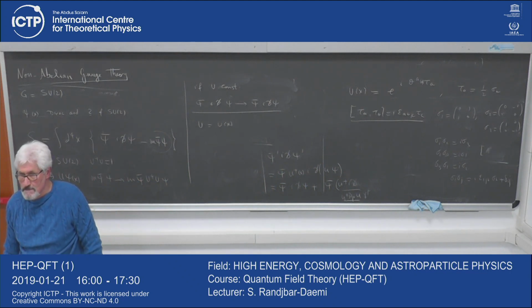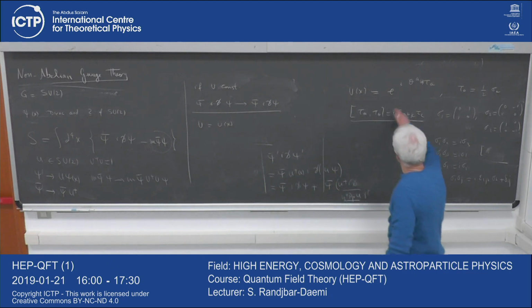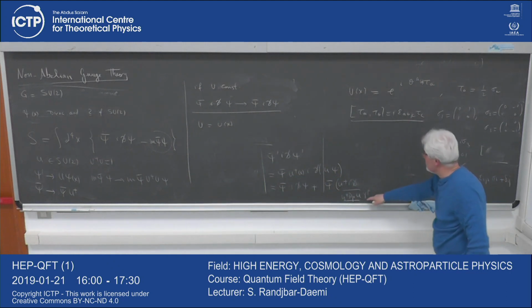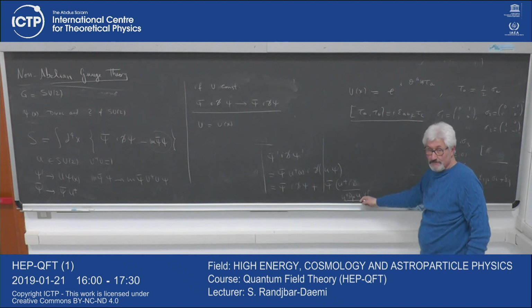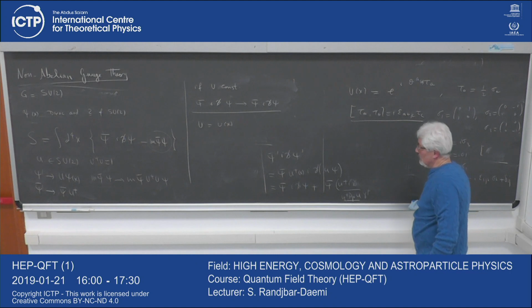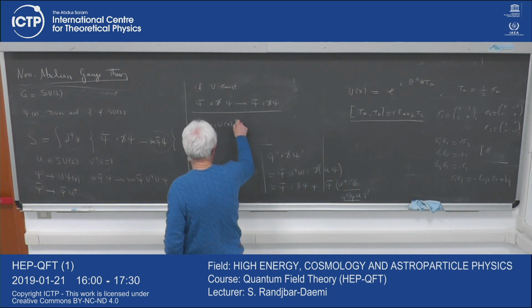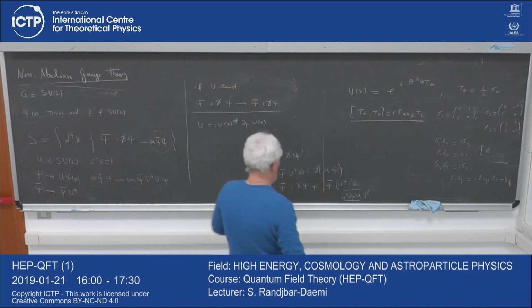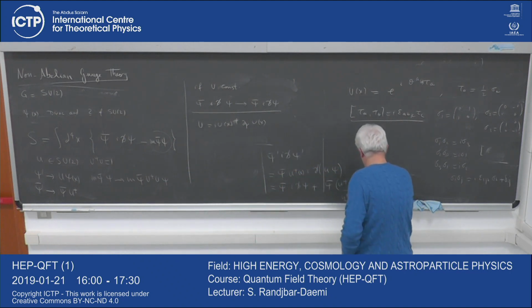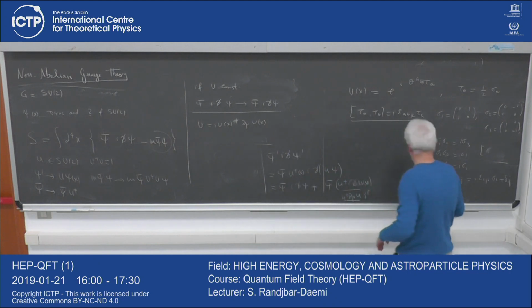Other questions? Okay, so as you can see from here, when the derivative acts on it, this term will not be 0. So you end up with a term like this, which stops this term from being invariant.